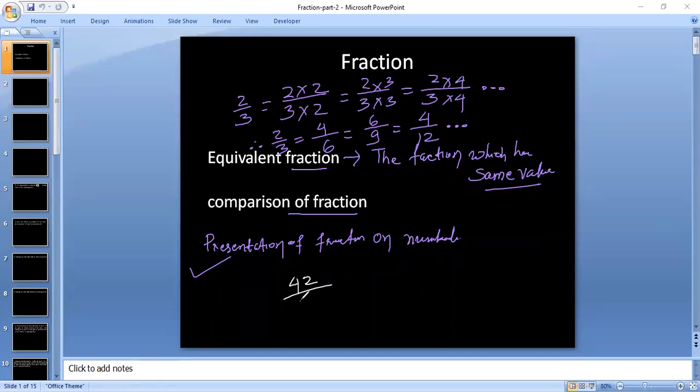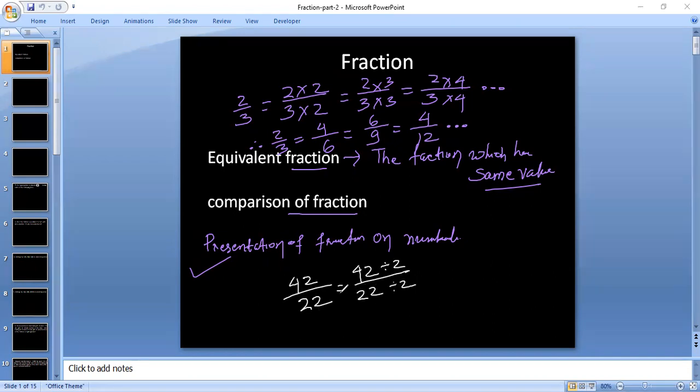42 by 22. Look at the numerator and denominator, here 42 and 22. Divide both by any common factor of numerator and denominator. Here, first of all, I divide by 2 both in numerator and denominator.